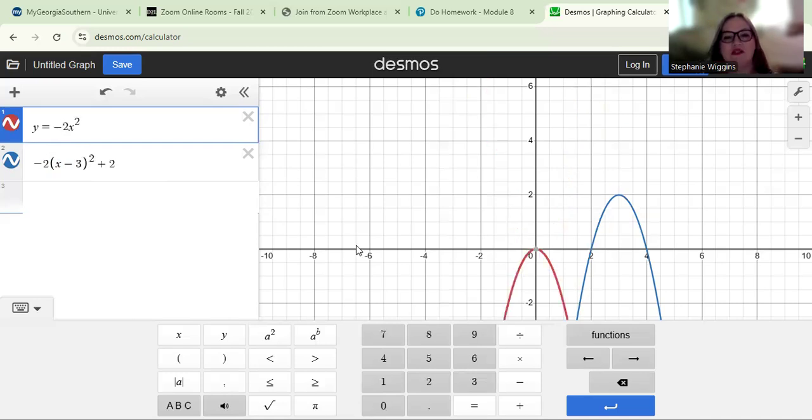And now comes the translation. You're going to get your shape and your reflection first, and then you're going to translate it, which is shifting it around. So now we're going to shift to the right 3. So I'm going to use parentheses here, inside the function, so it's inside the square. And I'm going to subtract 3, and that's going to shift to the right 3 units.